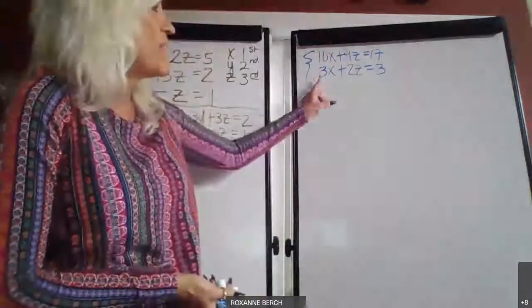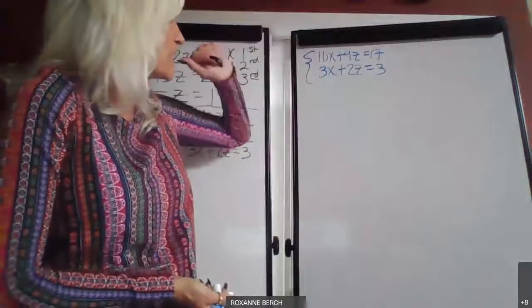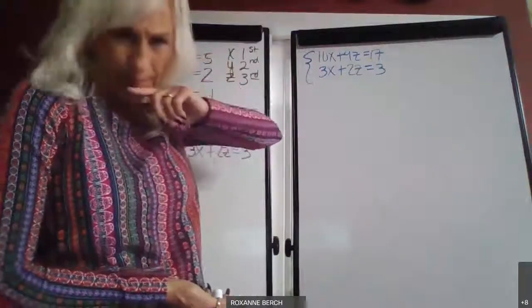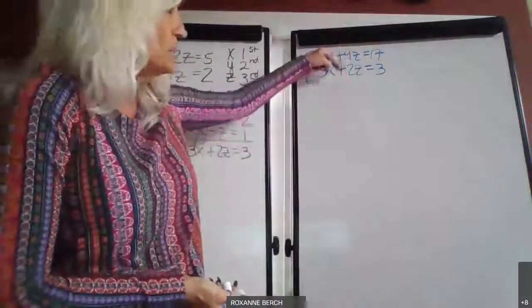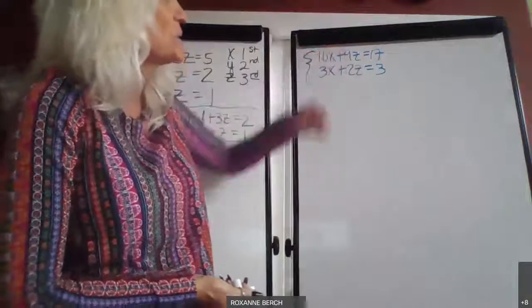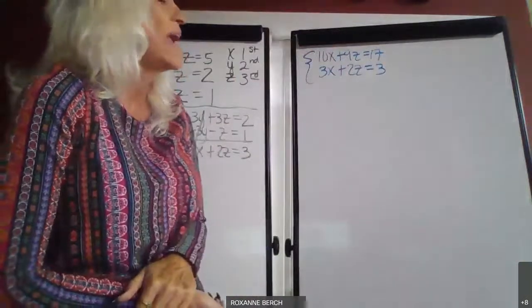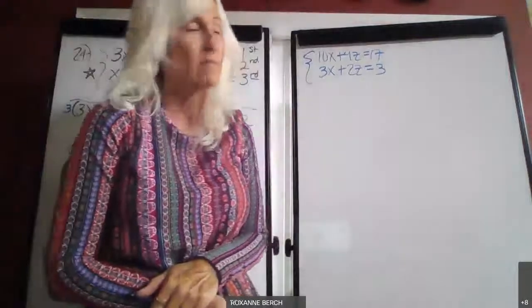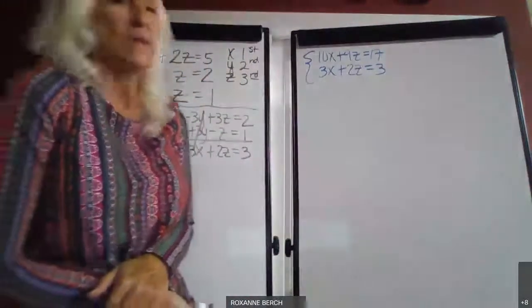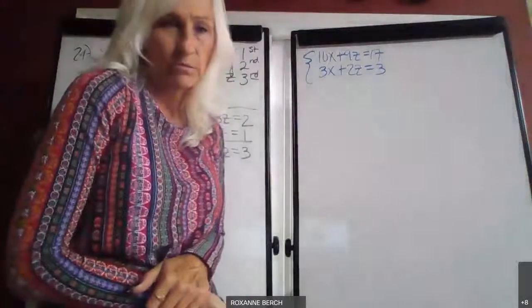So a common number with 3 and 10 is 30, and a common number with 9 and 2 is 18. So let's eliminate the z.